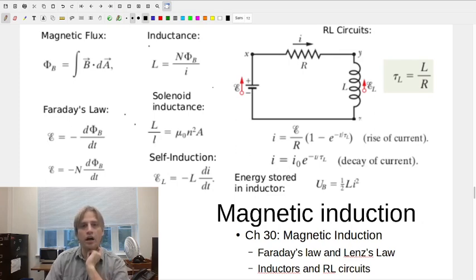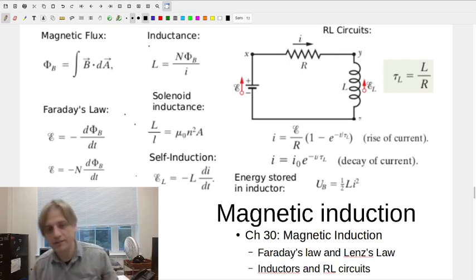Okay, then we introduced the idea of inductance, which is if you take the sum of all of the different fluxes through each one of your loops and divide it by the current going through each one of the loops in your device, you get some quantity L, the inductance, and we had a model for the inductance of our solenoid, and it tells us something about how much voltage is induced going against the change.